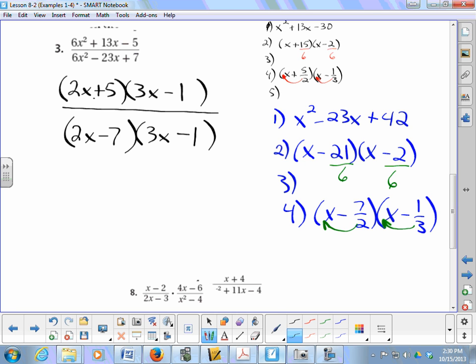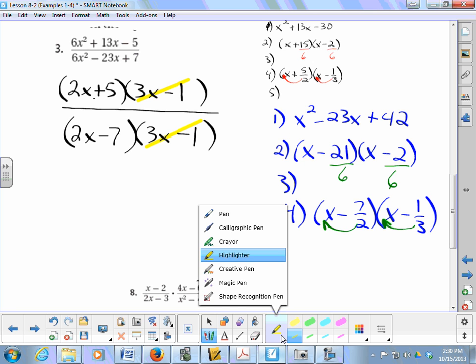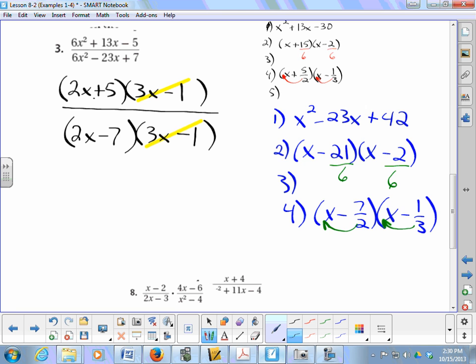Right, so we have like factors in the numerator and the denominator, so the 3x minus 1 will cancel. My answer is 2x plus 5 over 2x minus 7. Now, they want us to tell where it's undefined. It's undefined where the denominator is equal to 0. When we figure that out, we go back to the second spot where it's already been factored.